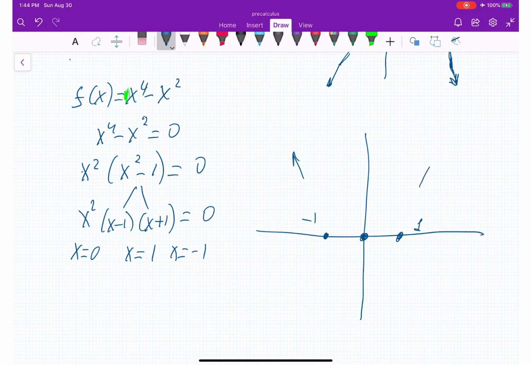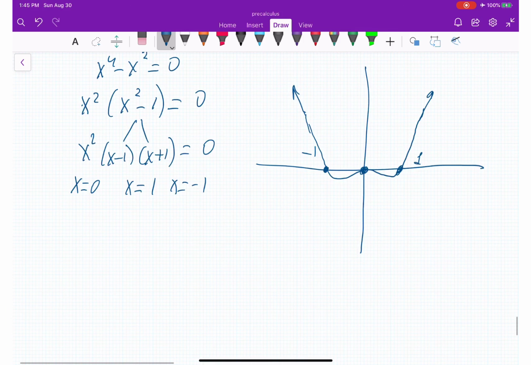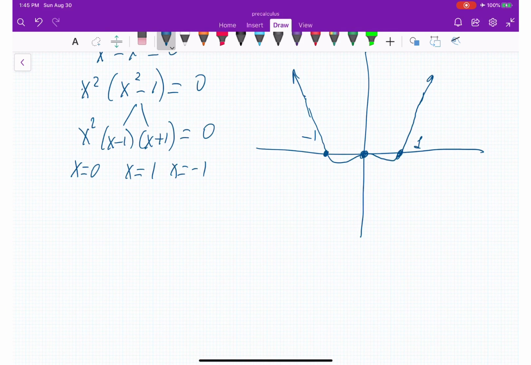Both ends are going up. If you check on the graphing calculator, you will see both ends going up, and it has 3 x-intercepts, and the graph goes like this. Okay?